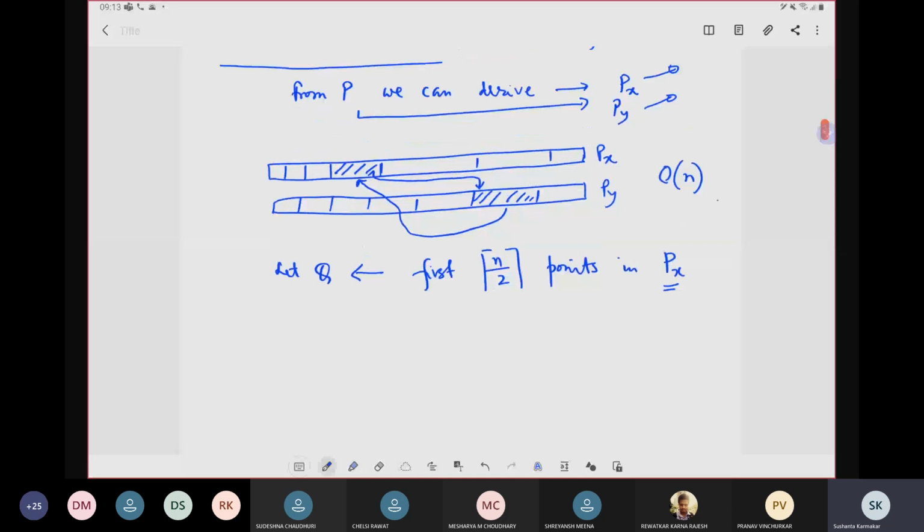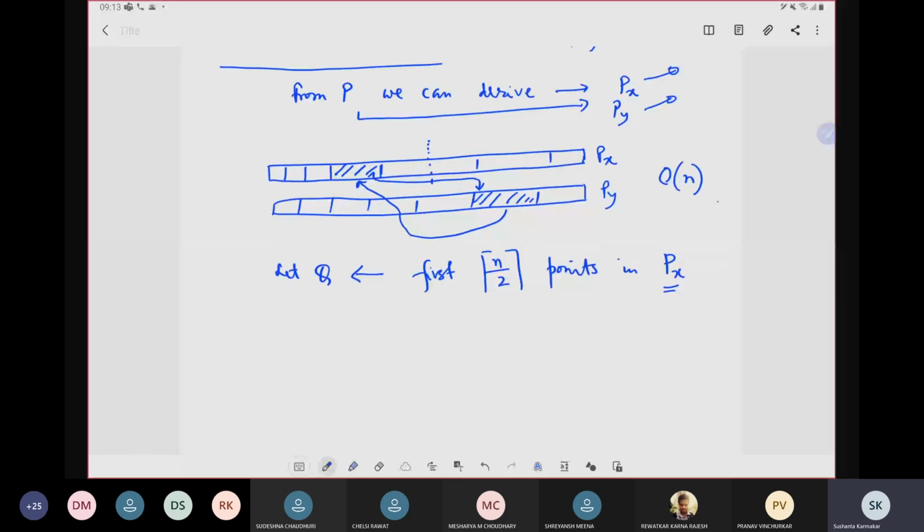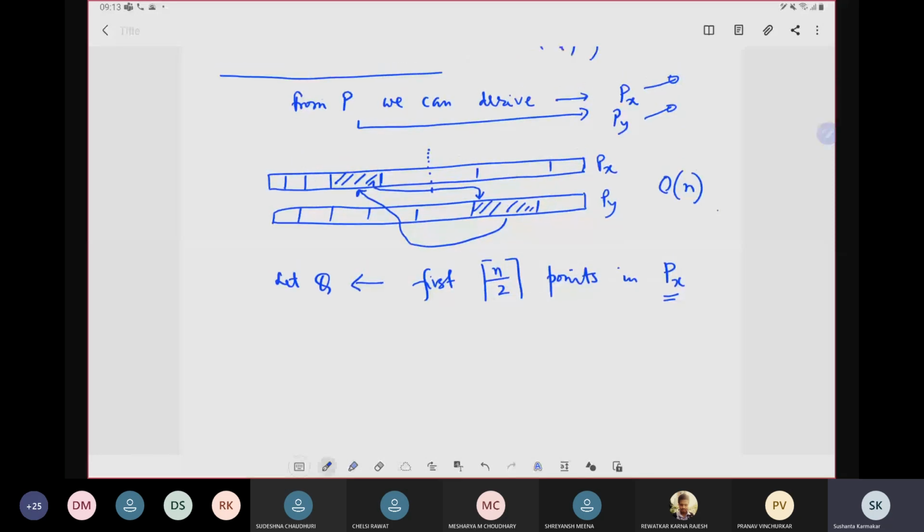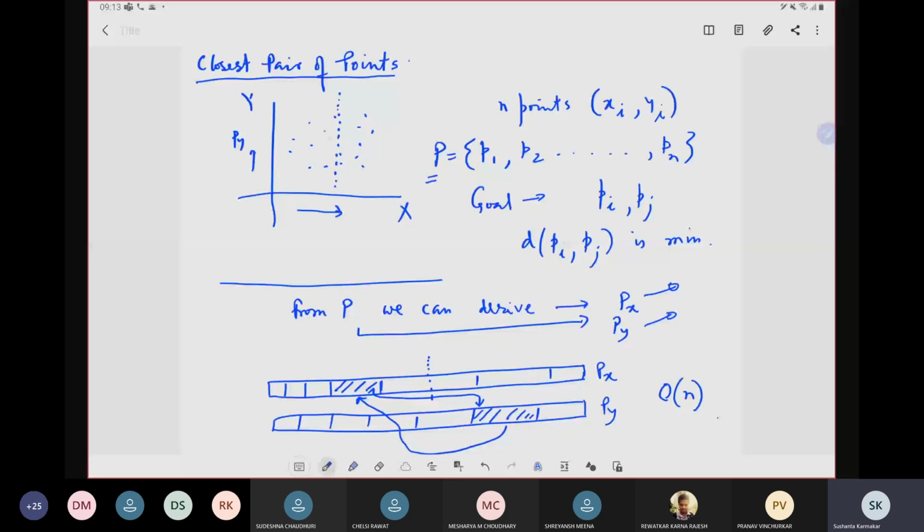In this picture, it means I make an imaginary partitioning like this, and I make two partitions basically.